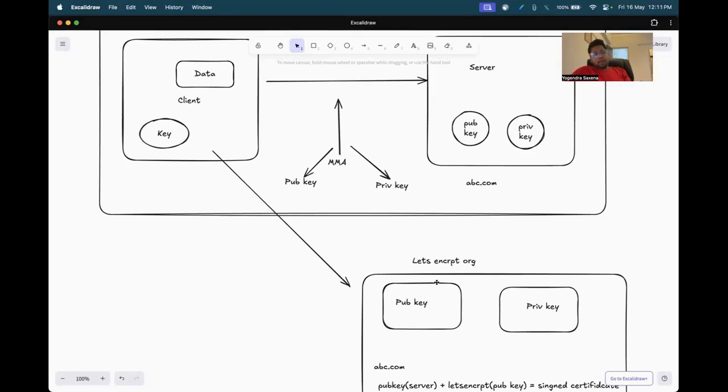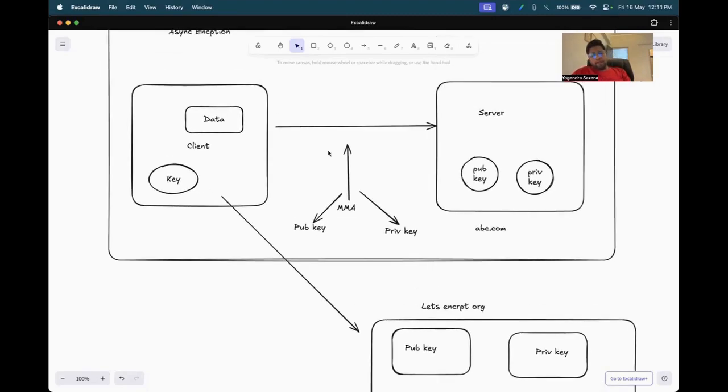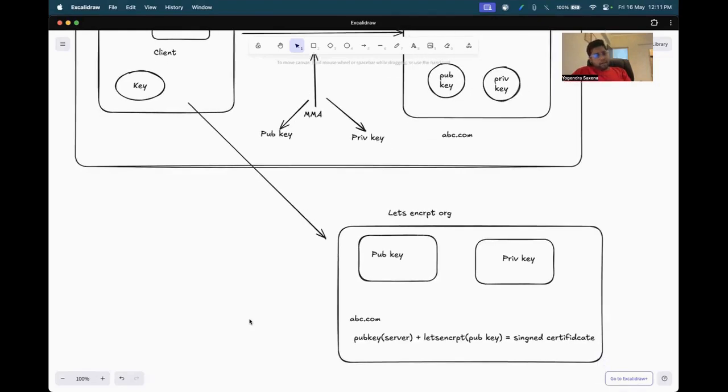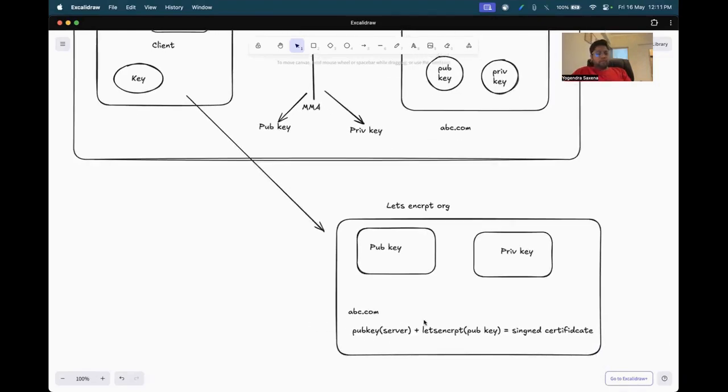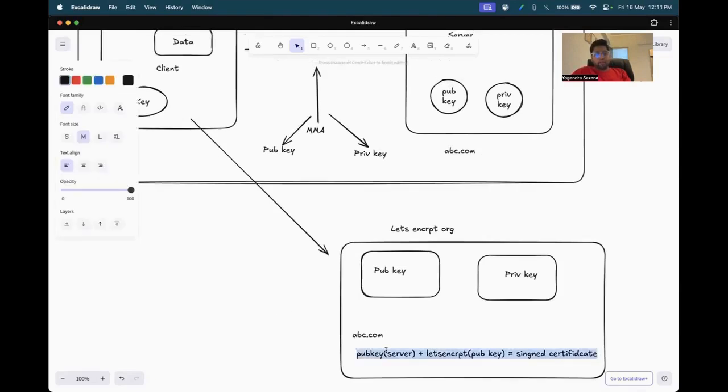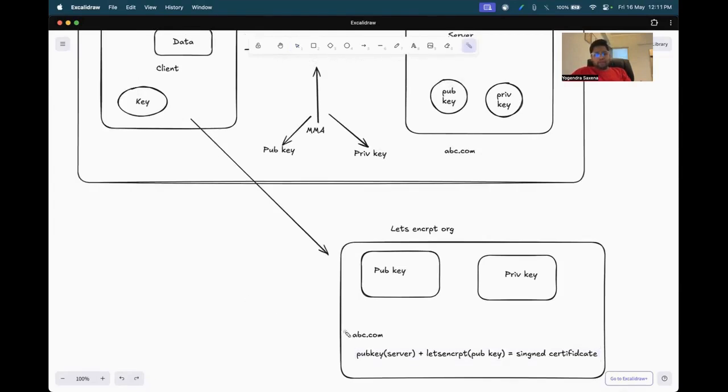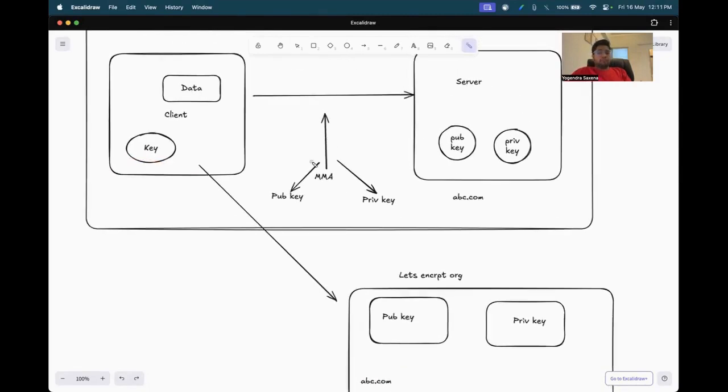It will share this public key with the client, and the client has the server public key. The client will use the same algorithm to verify the signed certificate, and if it matches, it means the certificate is valid. Now the man in the middle attack won't work, because this certificate won't be valid.